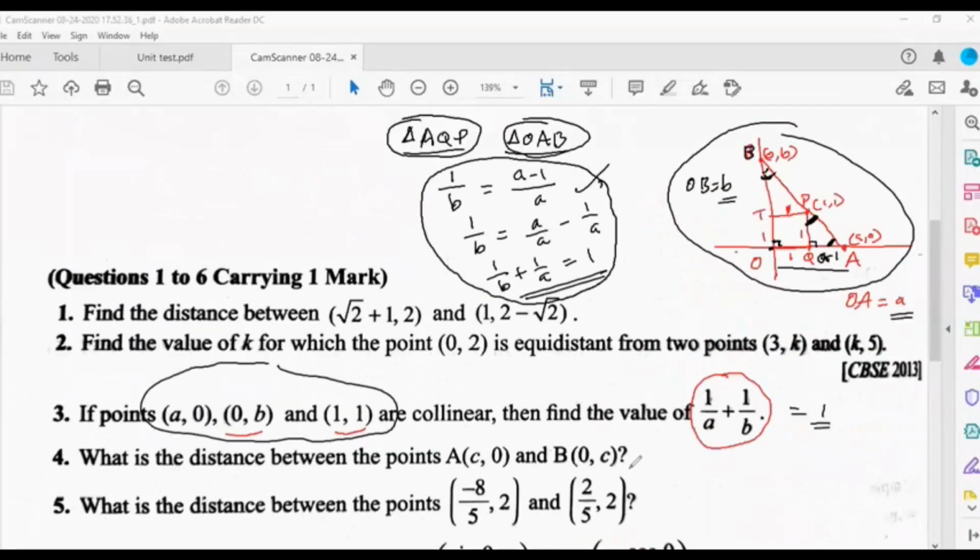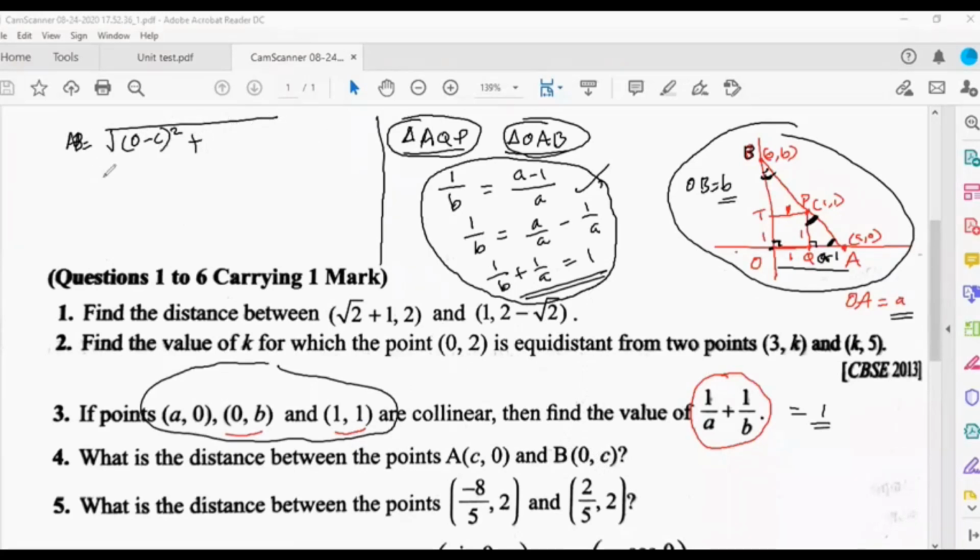Next question. This is very simple. The length AB is equal to the square root of the difference between the x coordinates, 0 minus c, squared, plus y2 minus y1, that is c minus 0, the whole square.